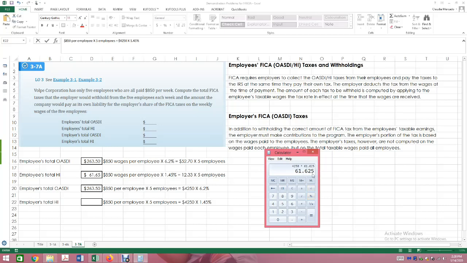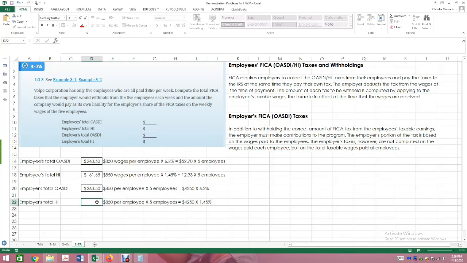Because the third digit is a 5, I'm going to round up to 61.63. So my employees are going to contribute 61.65, and the employer is going to contribute 61.63 based on the different calculations.